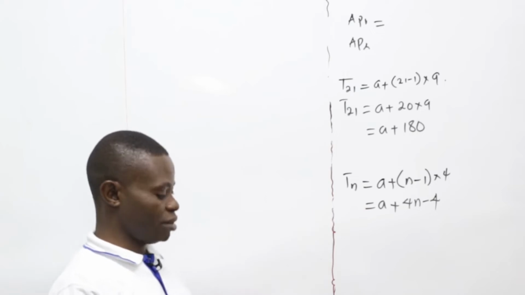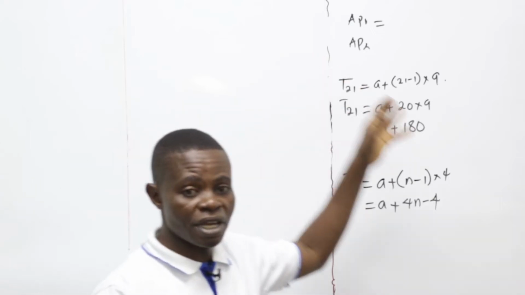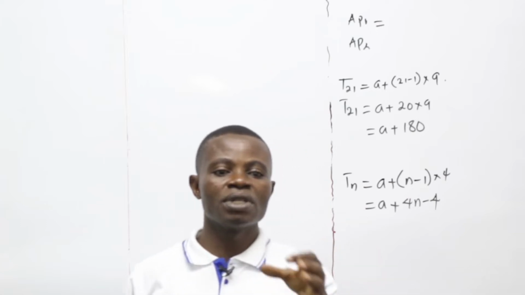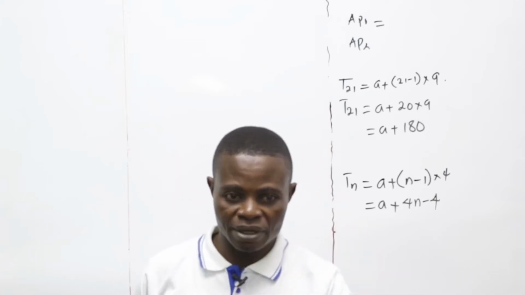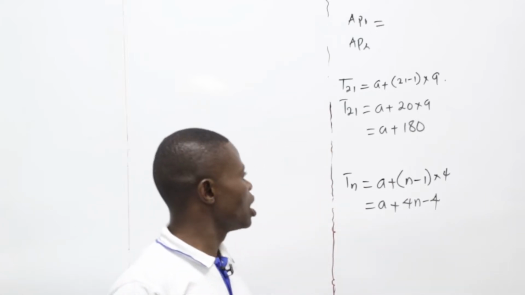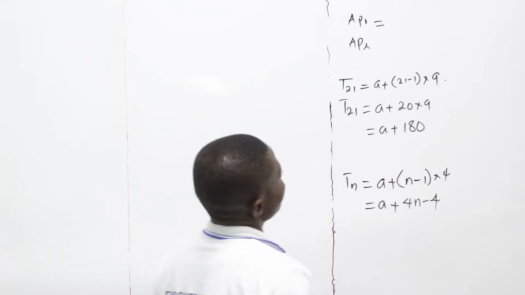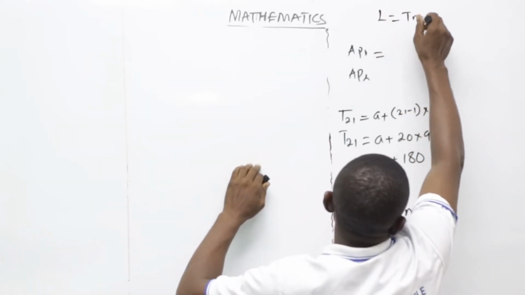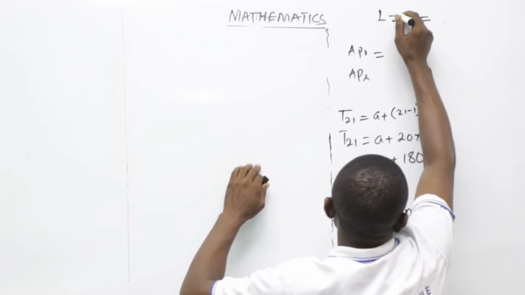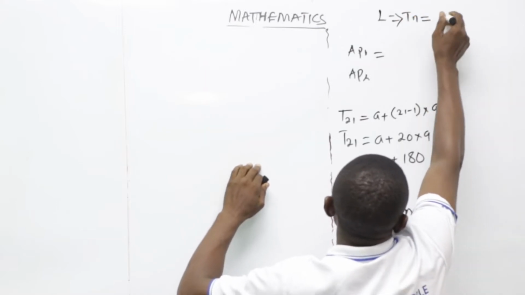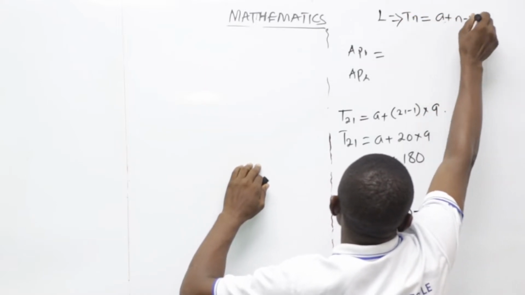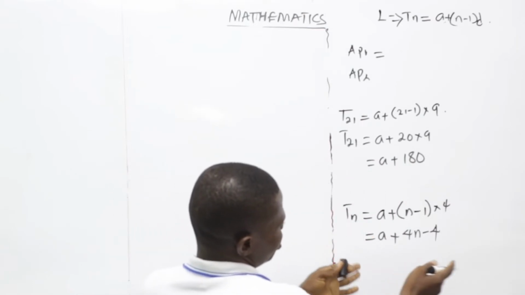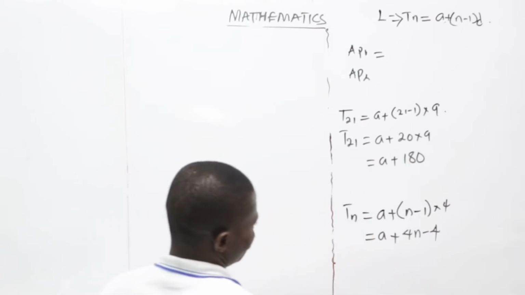Since the first AP and the second AP have something in common, the same first term and the same last term, and recall that I told you that L equals Tn, and Tn equals A plus n minus 1 into D. Okay, that is going to make this easy enough for us.